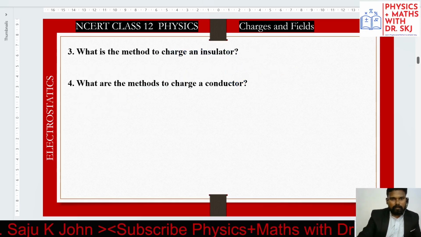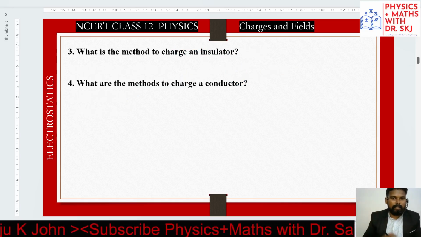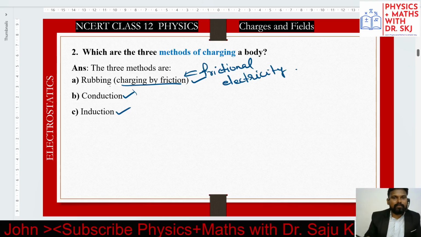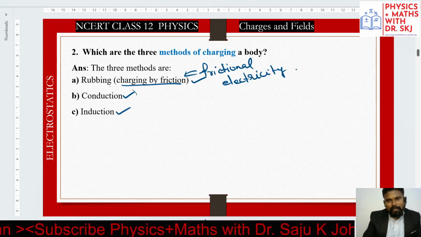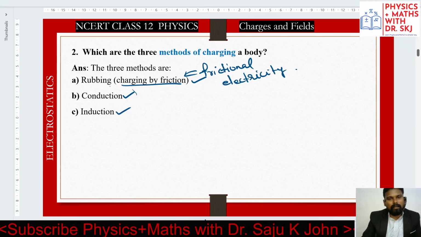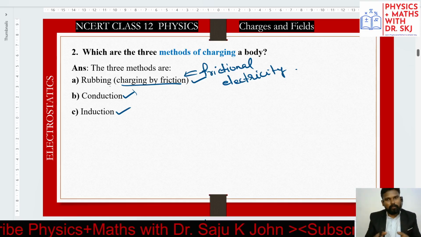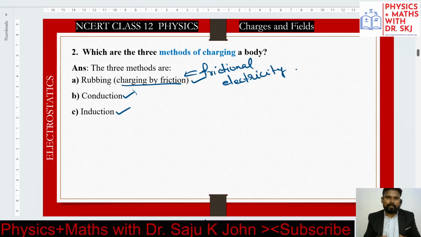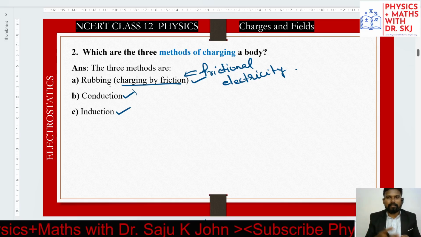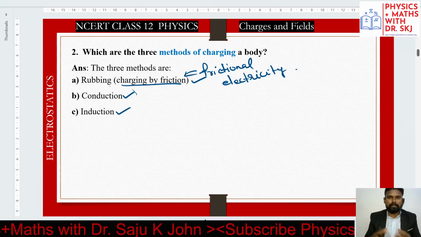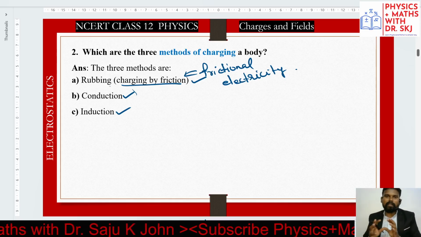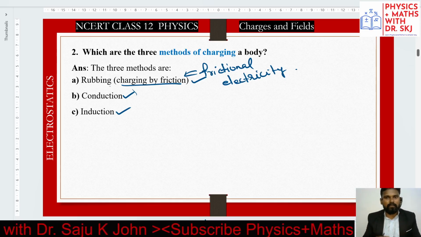After this, the question is, what is the method to charge an insulator? To charge an insulator, which method can be used? Frictional electricity can be used to charge an insulator. There are mainly two kinds of materials. The conductors, which easily pass electricity through them without much resistance. But insulators offer very high resistance towards the passage of electricity.